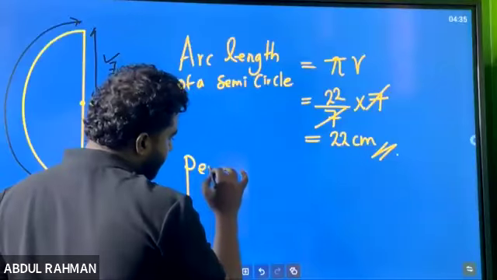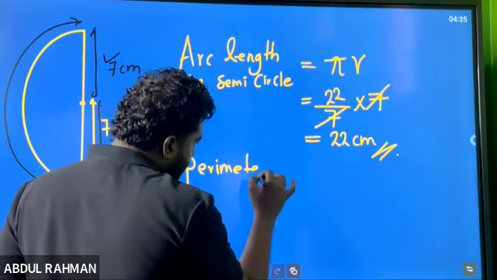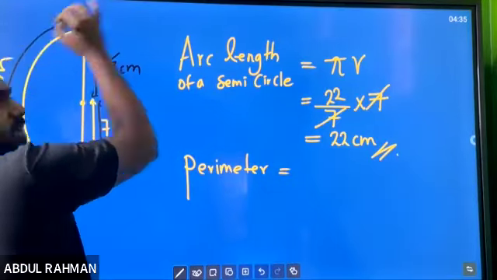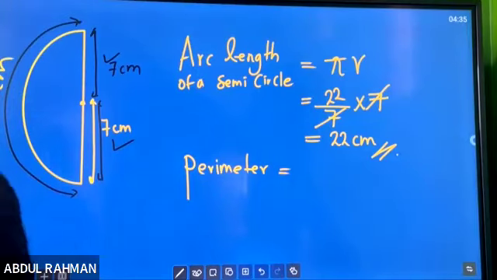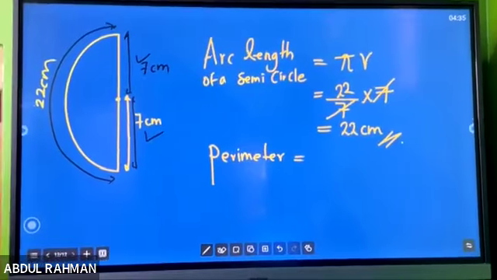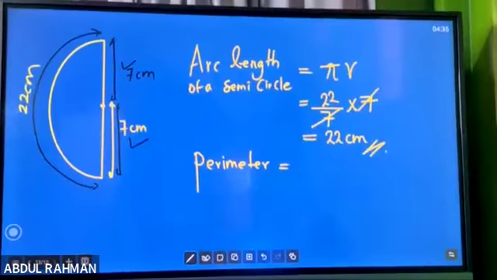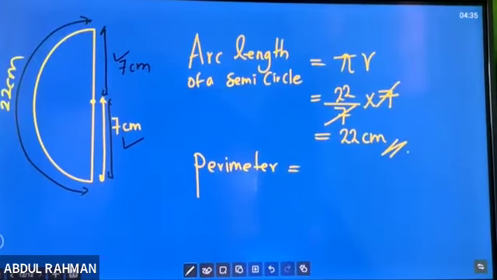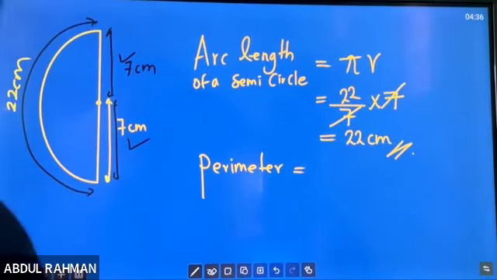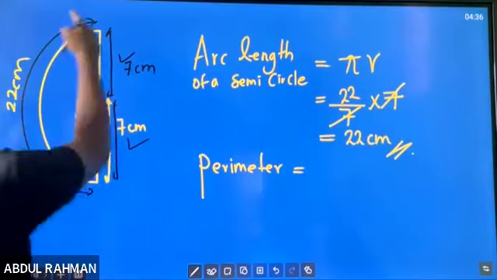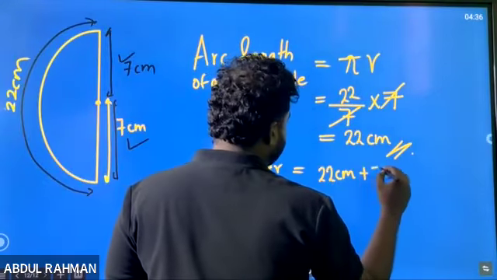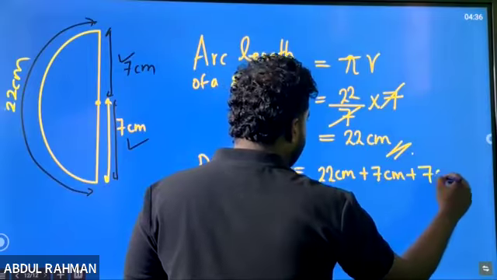How can you find the perimeter? What is the meaning of the perimeter? Perimeter is the addition of all the outsides. I found this portion is 22 centimeters. I'm writing 22 centimeters plus 7 centimeters plus 7 centimeters.